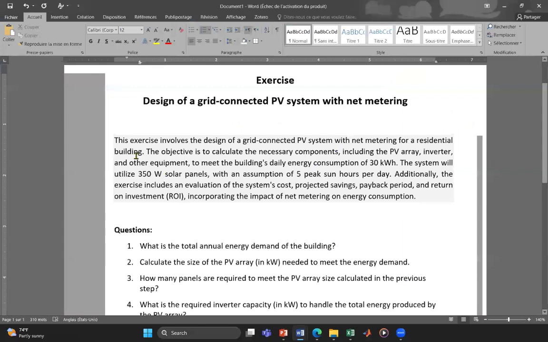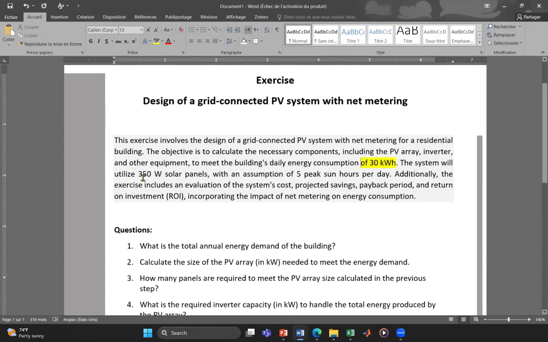This exercise involves the design of a grid-connected PV system with net metering for a residential building. The objective is to calculate the necessary components, including the PV array, inverter, and other equipment to meet the building's daily energy consumption of about 30 kilowatt hour.